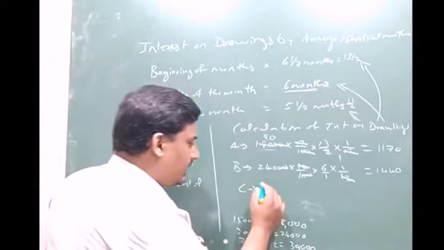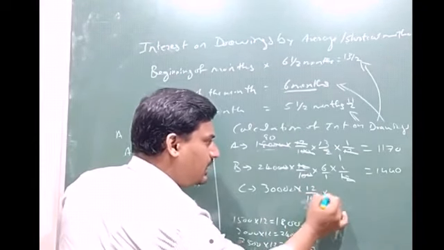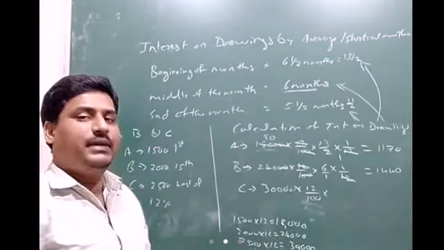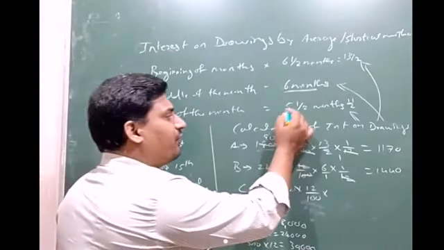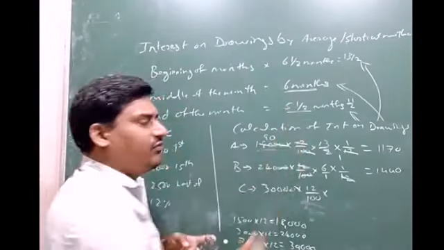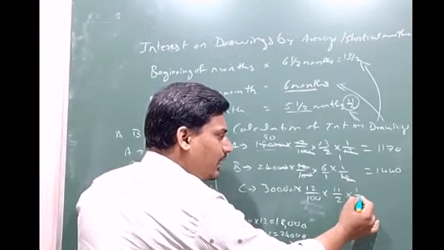So 30,000 into rate of interest 12% into, as he has withdrawn on the last date of every month, the average period comes to 5.5 months. So 5.5 months we can write as 11 divided by 2 into 1 month, 1 divided by 12.